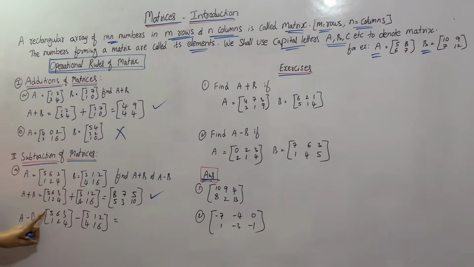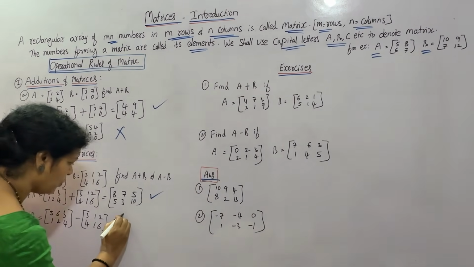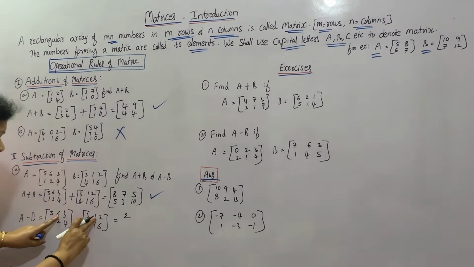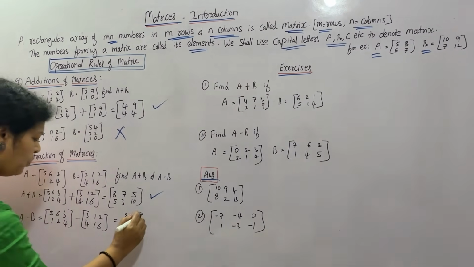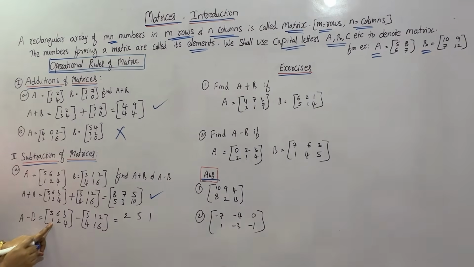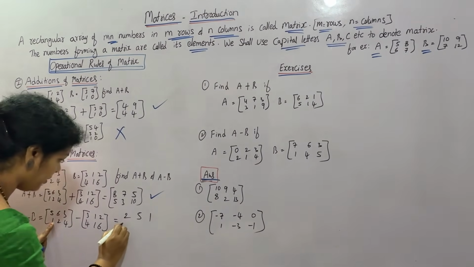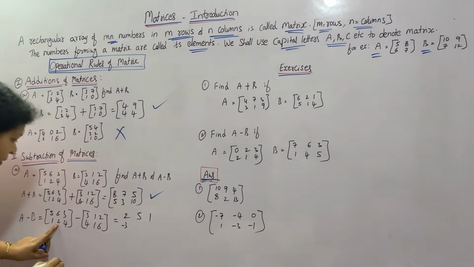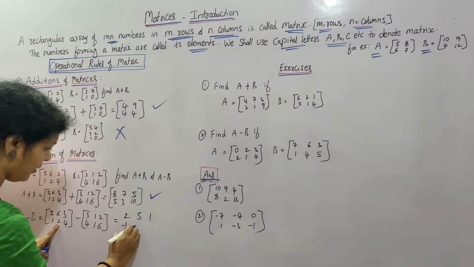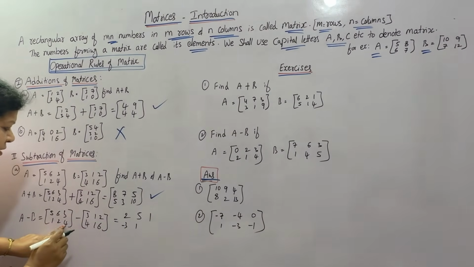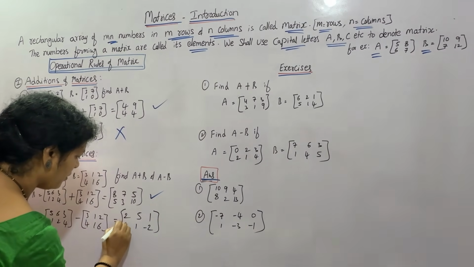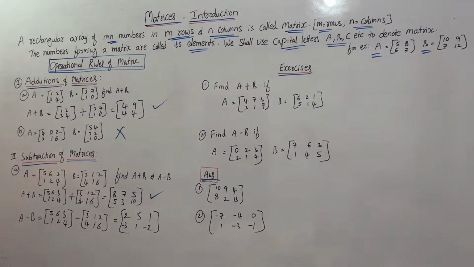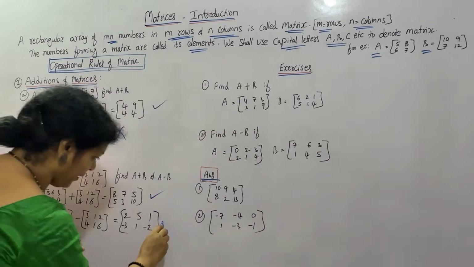We'll subtract. 5 minus 3, 2. 6 minus 1, 5. 3 minus 2, 1. Next, 1 minus 4, minus 3. 2 minus 1, 1. 4 minus 6, minus 2. So this is the subtraction, A minus B.